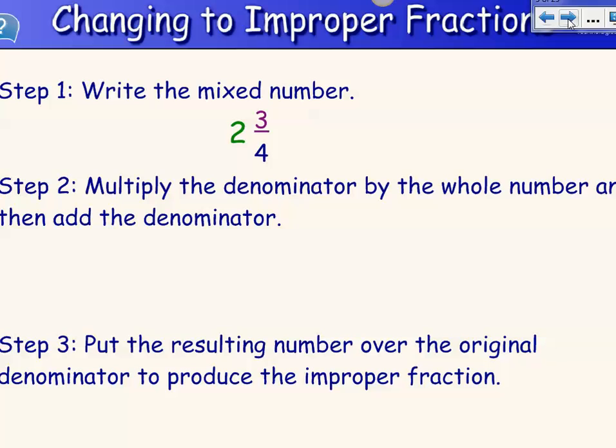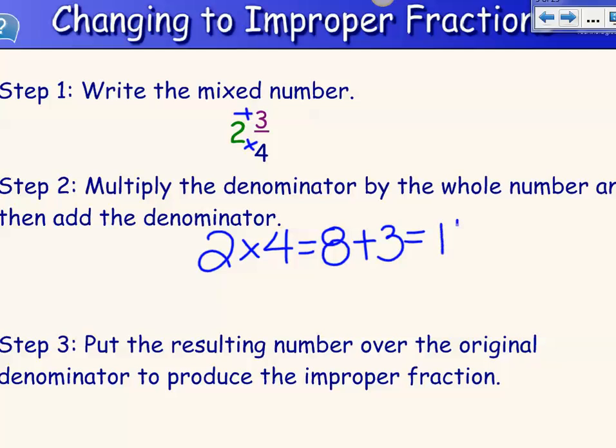In 2 and 3/4, I multiply 2 times 4 equals 8. Then I add the top number, so 8 plus 3 equals 11. I put the resulting number over the original denominator to produce the improper fraction. My original denominator was 4, so I put 4 as my denominator here. That's how you change mixed numbers into improper fractions.